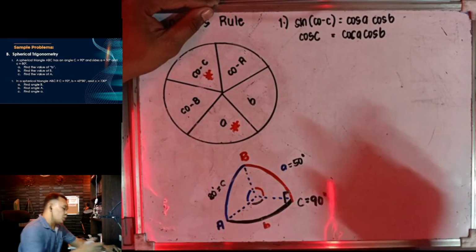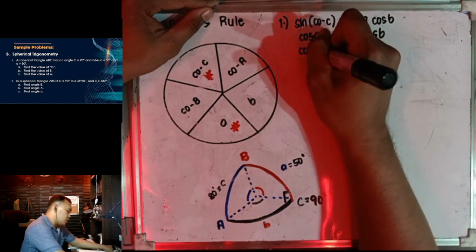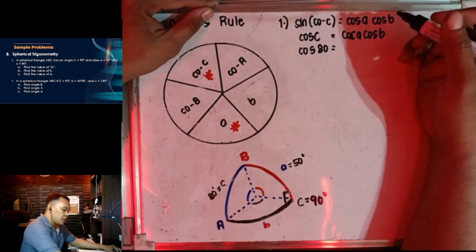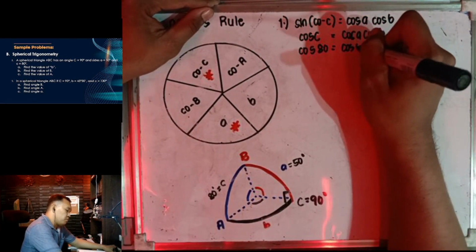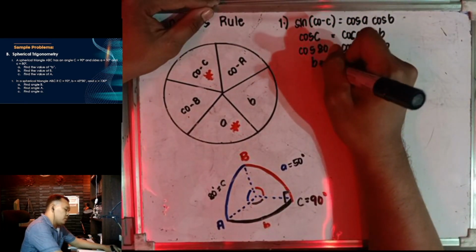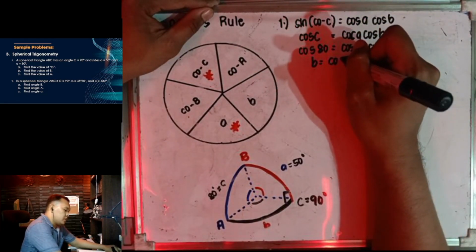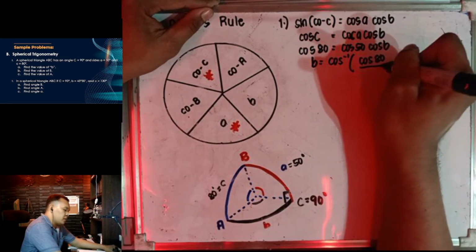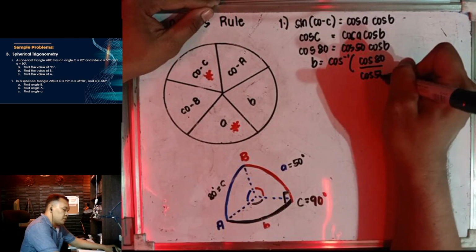Okay? So, cosine C is equivalent kay cos 80, is equivalent kay cosine A, which is cosine 50, then cosine b. Small b is equivalent kay cosine 80 all over cosine 50.